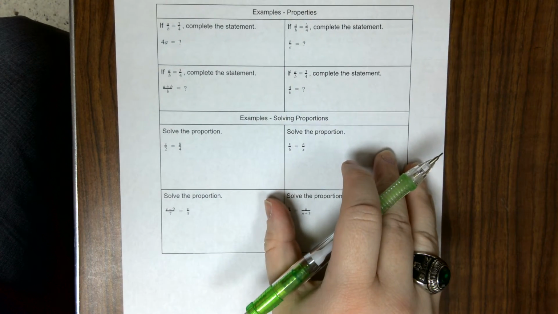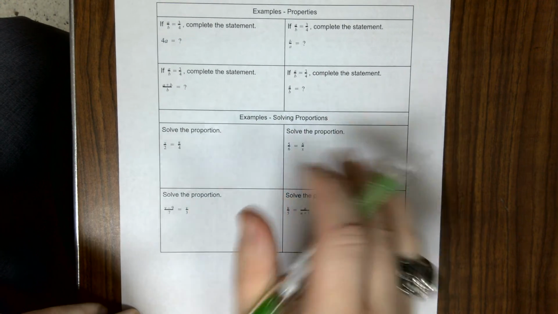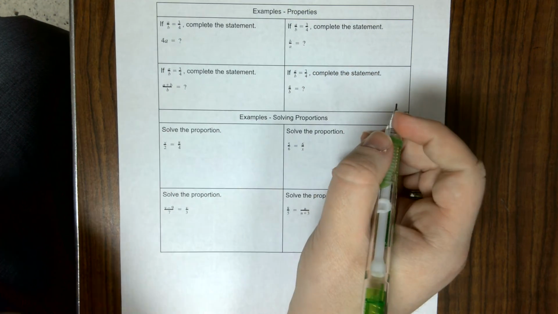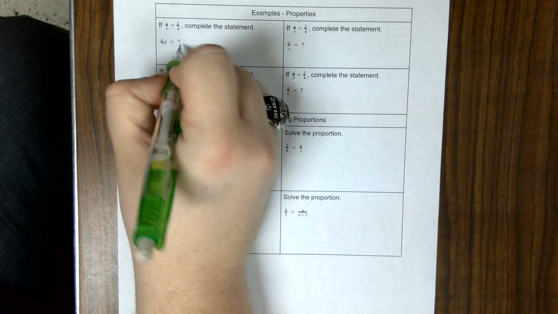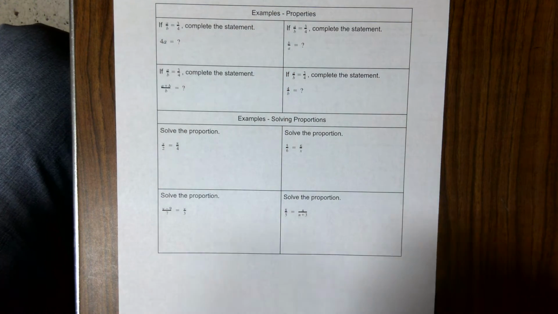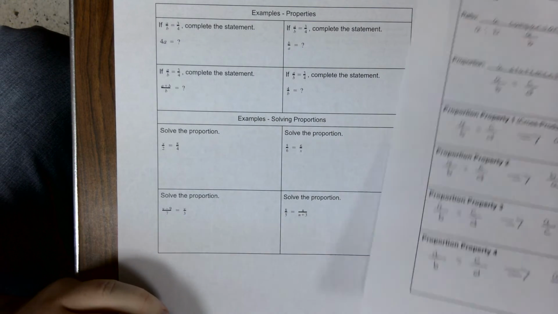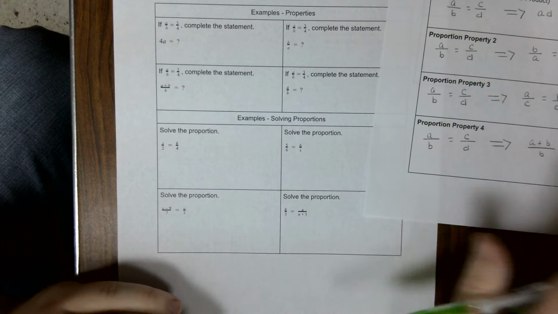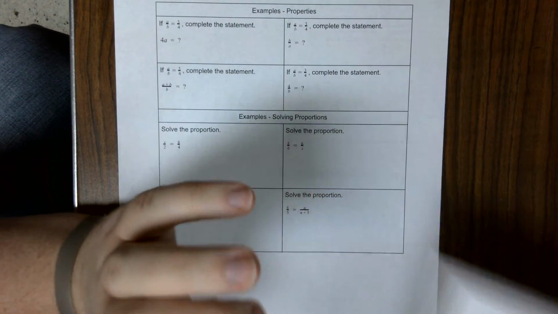Sorry, paper's crooked. There we go. We've got A over B equals 3 over 4 every time. Okay, and I've started a statement for you each time. You have to tell me what the question mark is. And I'm actually going to put this paper here so we can reference those things if we need to. I'll pull it back in a minute. I'm walking away. All right.